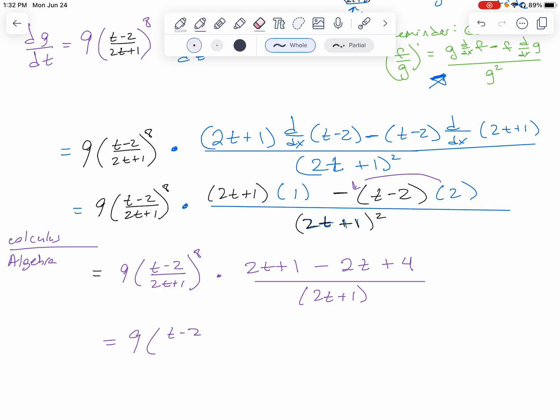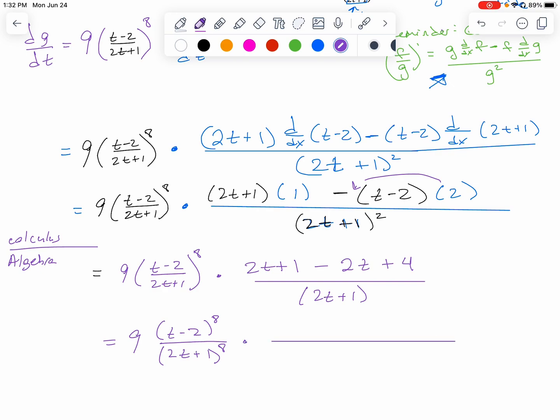And I also notice, as I'm writing this, that this denominator is the same as this denominator. So it would be great if we distribute that exponent to the numerator and denominator separately so that we could combine those. So I'm going to rewrite this one to the 8th and the denominator to the 8th so I can treat them separately. I'm sorry, forgot a square here.